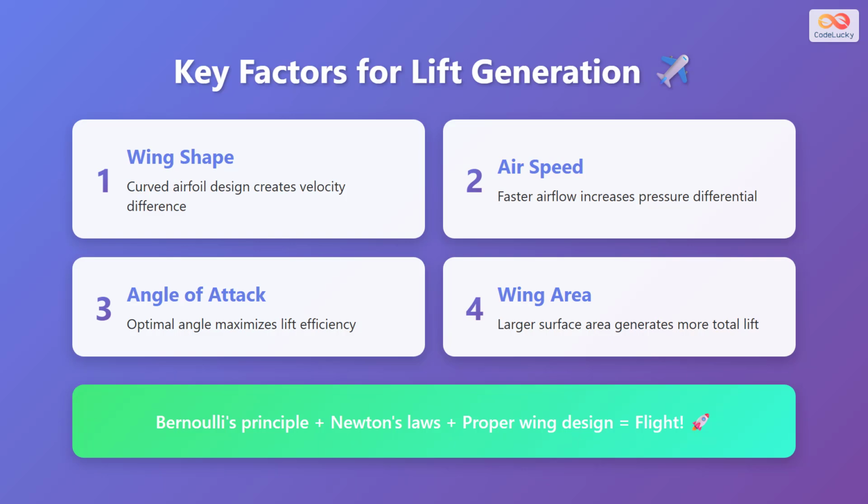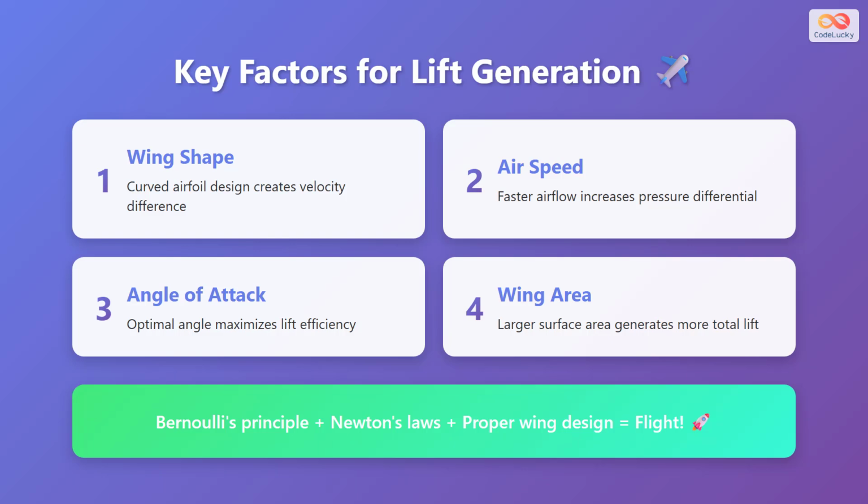Let's summarize the key factors that determine how much lift a wing generates. First, wing shape. The curved airfoil design creates the velocity difference necessary for pressure differences. Second, air speed. Faster airflow increases the pressure differential between the top and bottom surfaces. Third, angle of attack. The optimal angle maximizes lift efficiency, while angles that are too steep cause stalling.